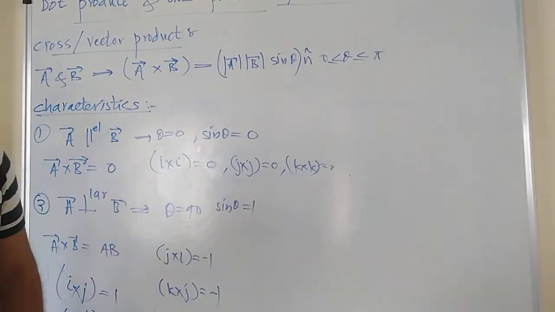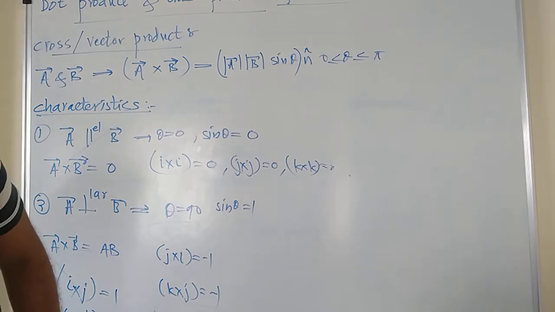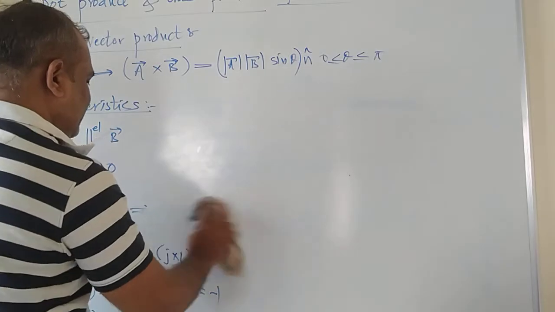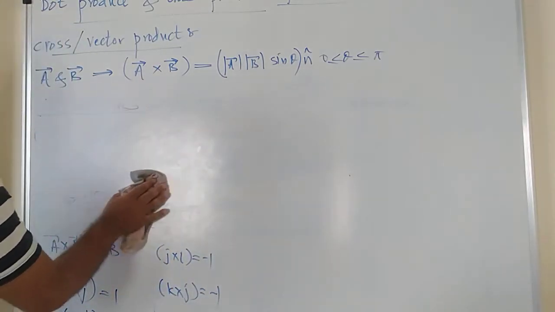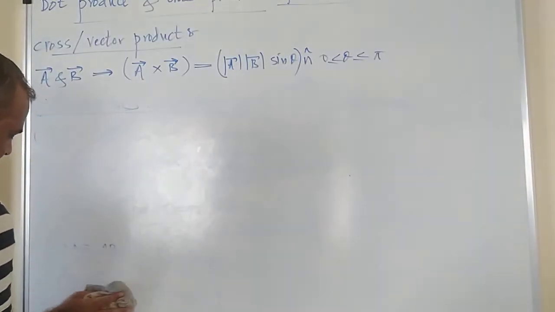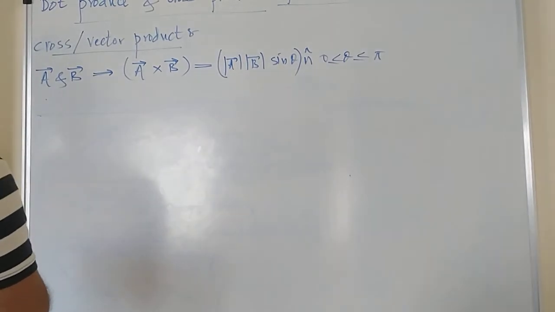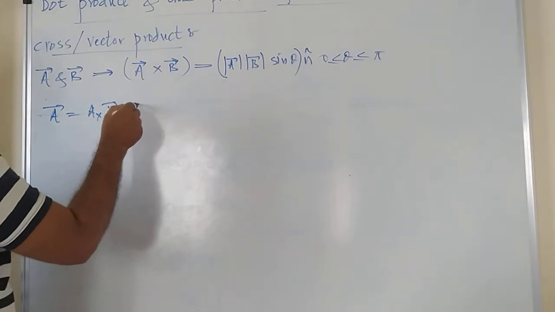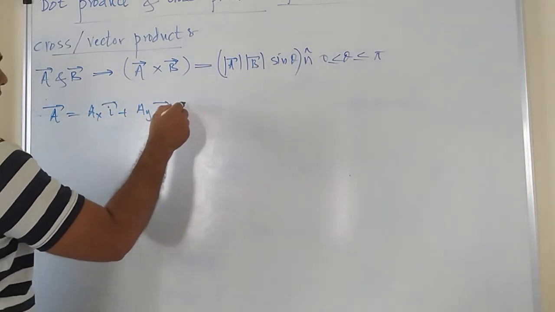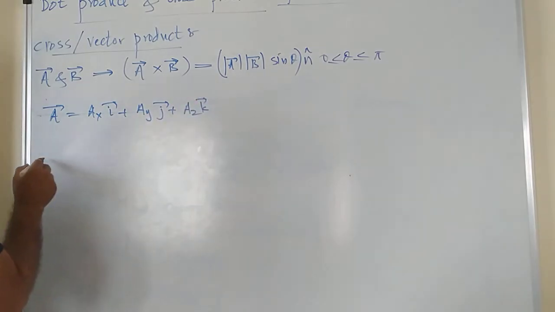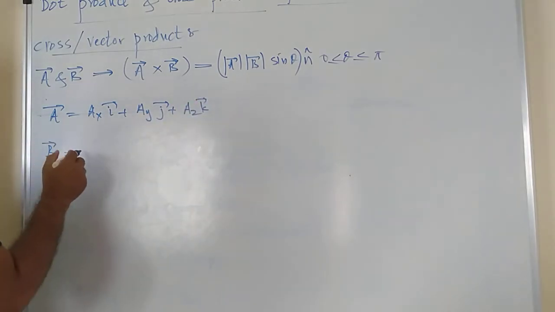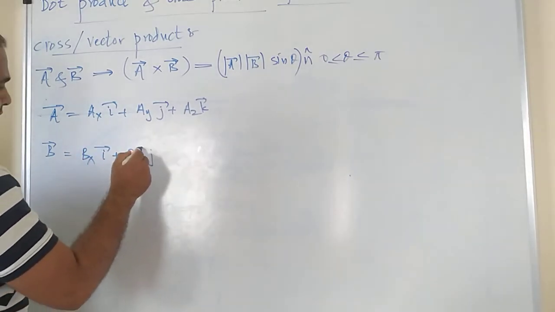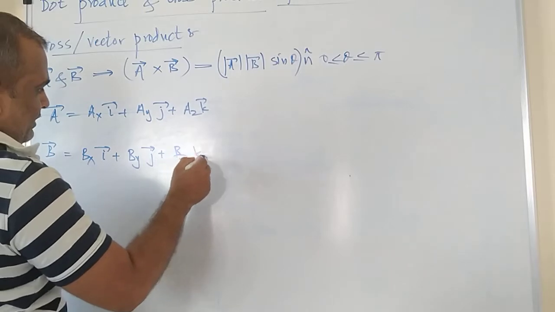Now the vector product of two vectors in terms of magnitude of their components. That means consider the components of vectors a bar and b bar. Let's consider again the same vectors. So a bar is equal to ax i bar plus ay j bar plus az k bar. Vector b bar is equal to bx i bar plus by j bar plus bz k bar.